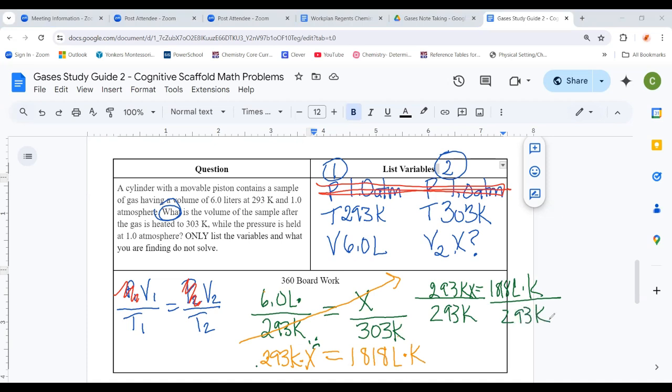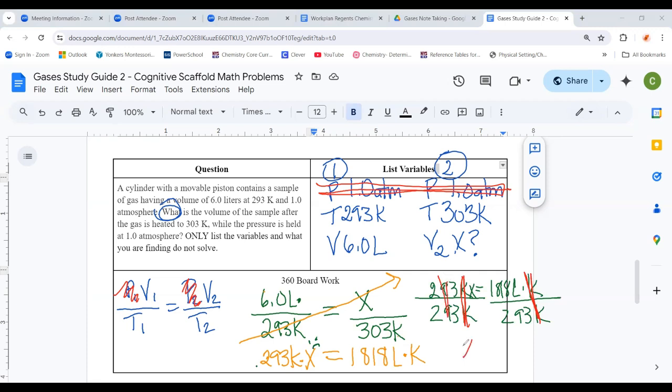You don't have to leave your units on, but I'm glad that people were paying such close attention to it and worrying about it. It's actually very, very important, your units. So now you notice that you only have liters left. 293 and Kelvin canceled out.